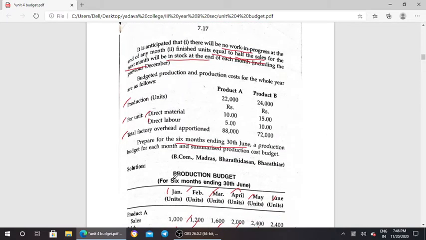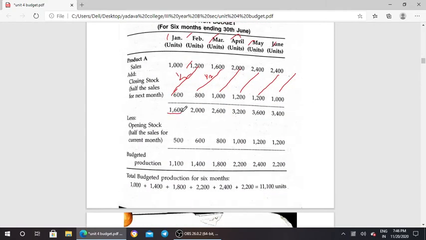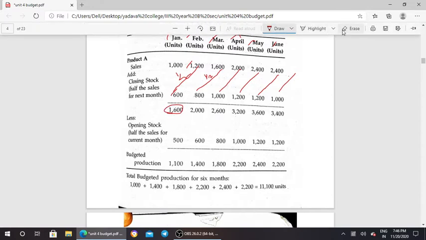They have said that each month's opening stock will be half of the current month's sales.